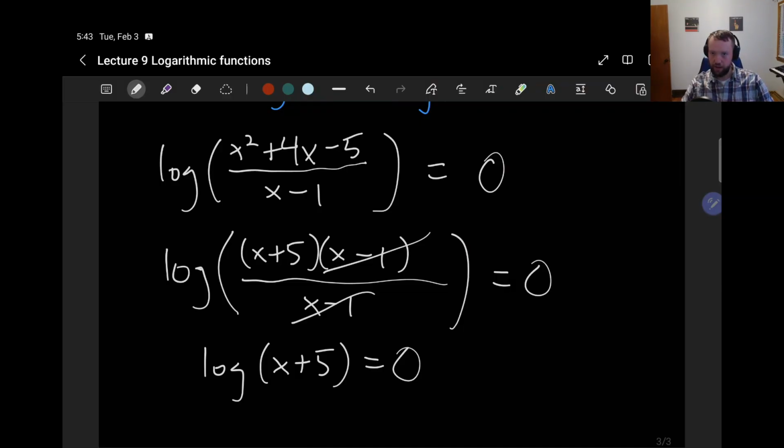Now, this is still not obvious what to do, because I cannot just subtract 5 from both sides. This plus 5 is happening inside a log. This means what you have to do is get rid of the log first.